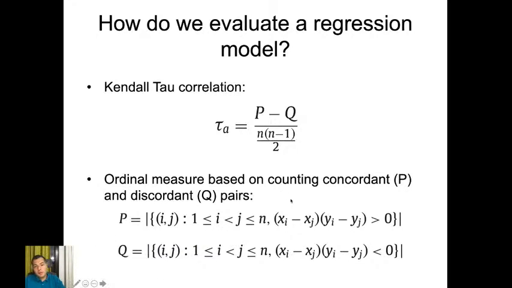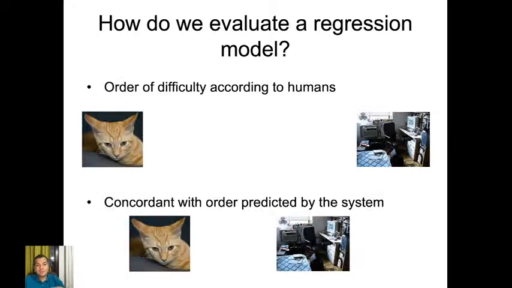This is the mathematical formulation of what a concordant pair is, and this is the mathematical formulation of a discordant pair. Remember this formula is the number of concordant pairs minus the number of discordant pairs divided by the total number of possible pairs from your dataset of n data samples.